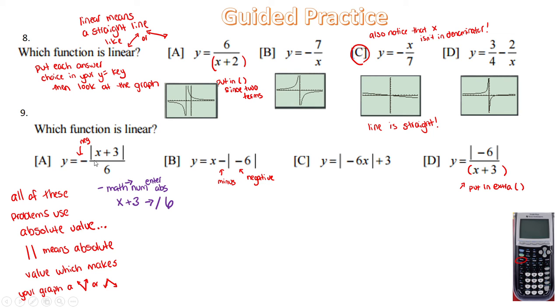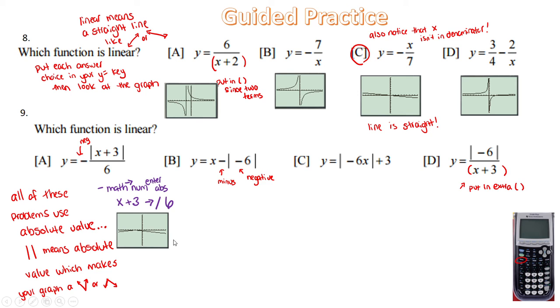This will put your up and down lines into your y equals key if you're using an 84 Plus. If you're using an 83, then it says ABS parentheses. But on the 84, we'll put up and down lines. Then you type x plus 3. Then to get out of the absolute value sign, you have to arrow out of it and hit divided by 6. So if you did this right, your graph looks like this.